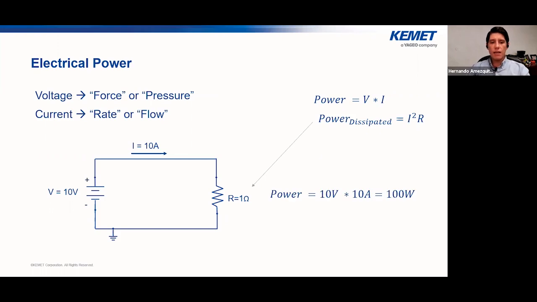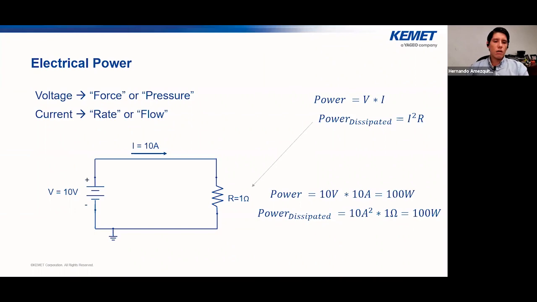Taking the data from the last slide, again, 10 volts times 10 amps is equal to 100 watts, right? But the power dissipated is 10 amps squared times the 1 ohm resistor, and now you get 100 watts. Same amount of power, but all of this power is being dissipated in the resistor.